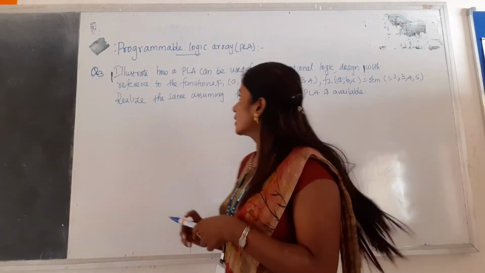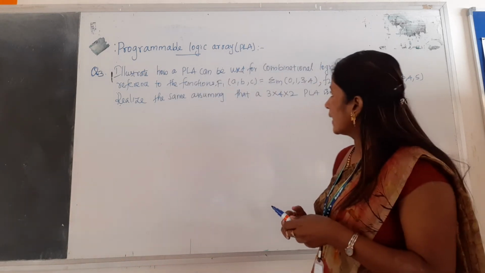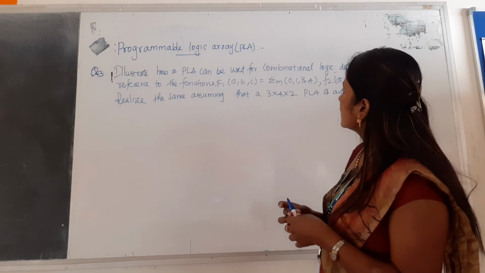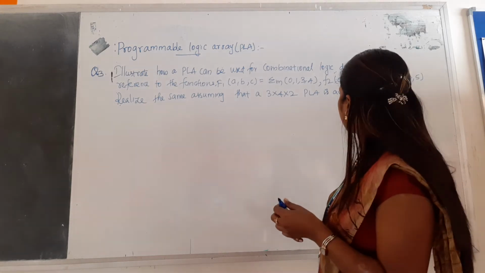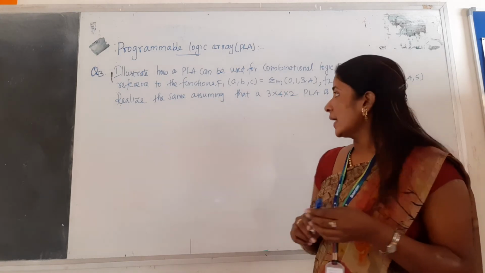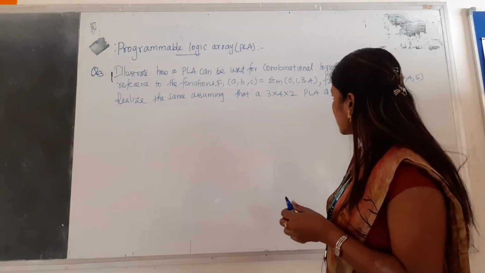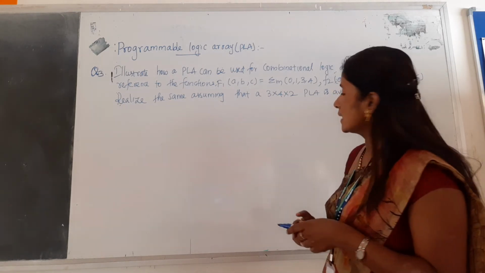Now the next question. Illustrate how a PLA can be used for a combinational logic device designed with reference to the functions F1 and F2. Realize the same assuming that a 3 cross 4 cross 2 PLA is available.